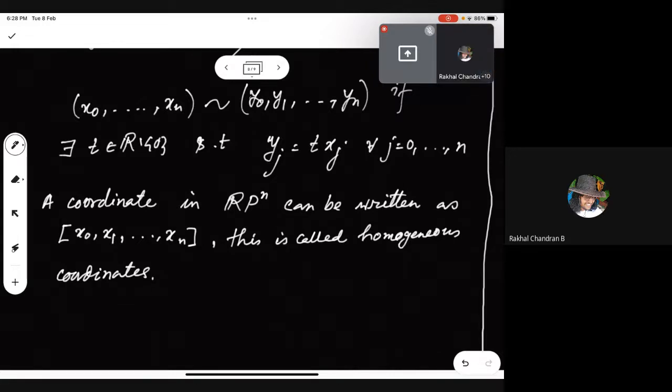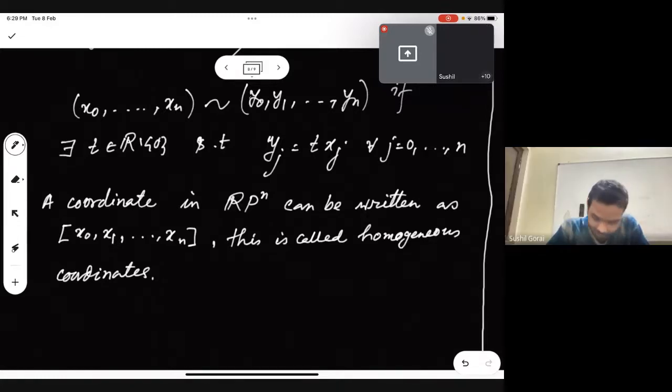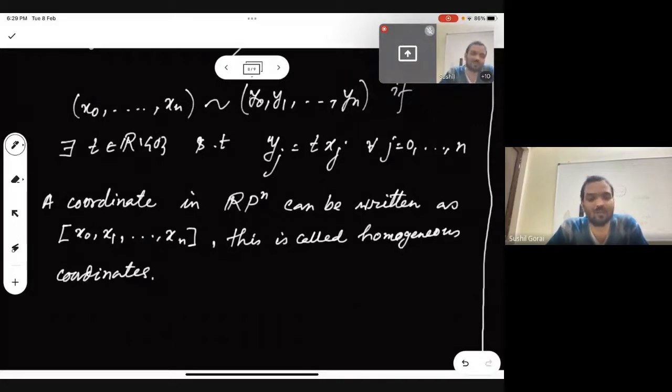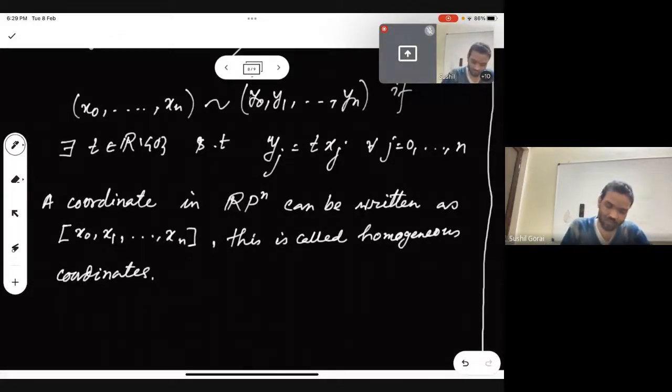Norm function. Yes, that's true. You find a lot of other things. You look at homogeneous polynomials. Each of the homogeneous polynomials will give you a continuous function on RPN. Anyway, that is not our concern at this point.